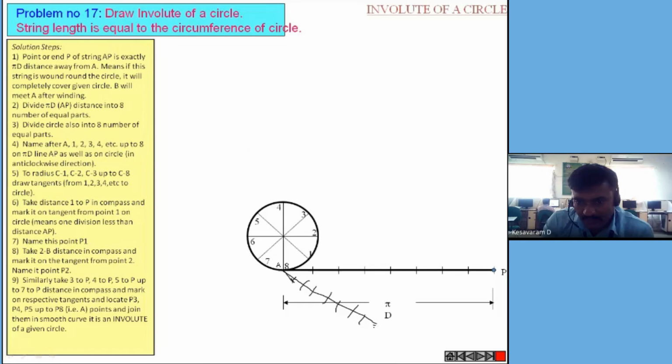Okay. So an 8 centimeter line I can draw. Then for each centimeter I can make a mark.